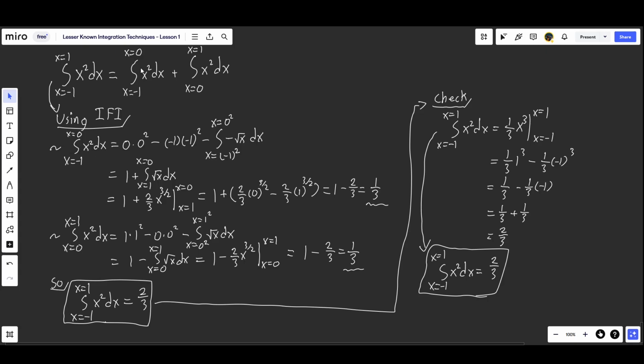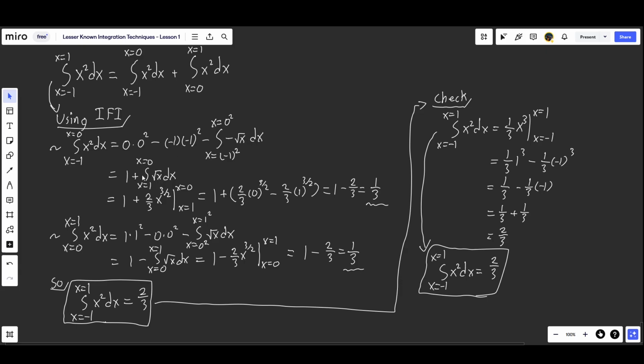If we do this, we're going to first do this definite integral. The definite integral of x squared with respect to x from x equals -1 to 0 using the definite form of inverse function integration will be 0 times 0 squared, which is just 0, minus -1 times -1 squared, minus the definite integral from x equals -1 squared to 0 squared of its inverse over this interval, which is the negative square root of x with respect to x.